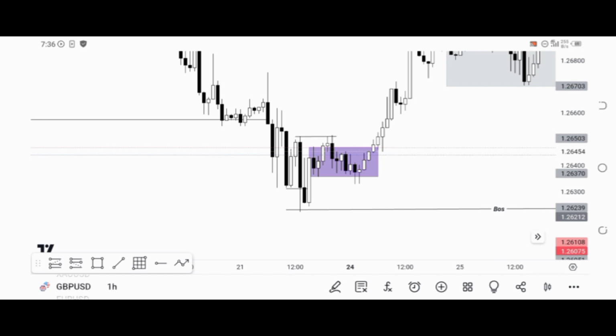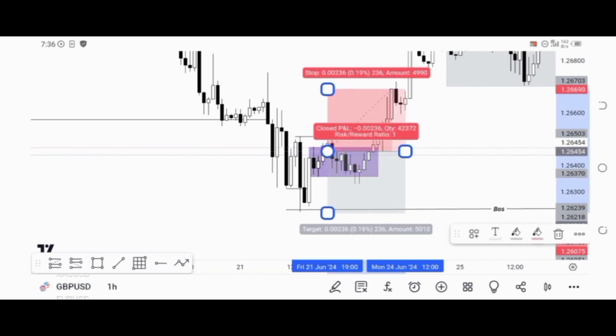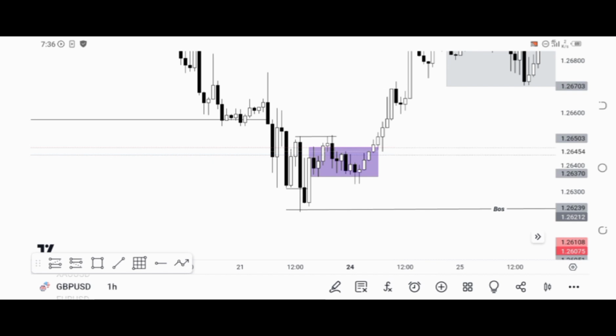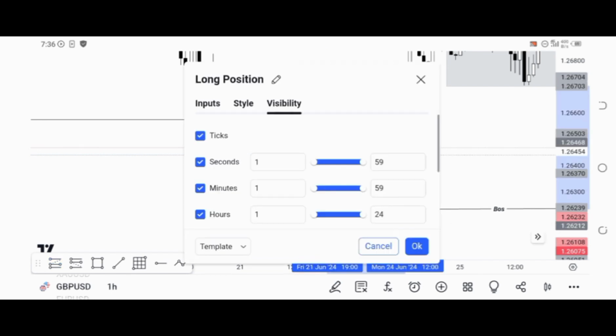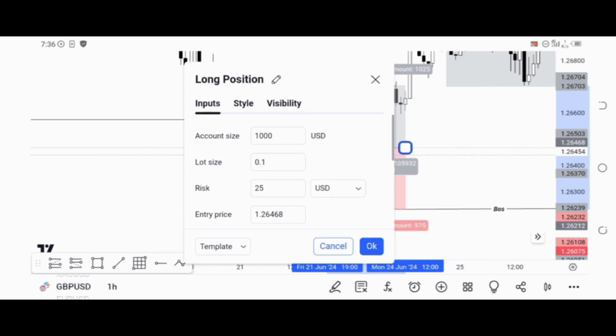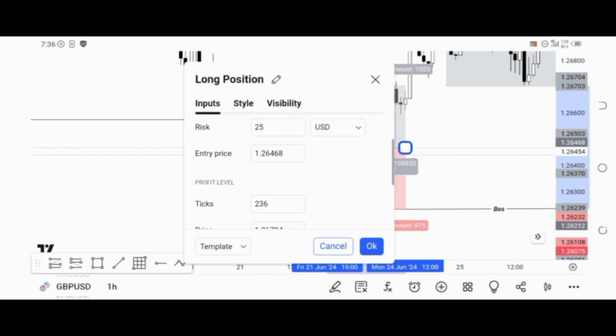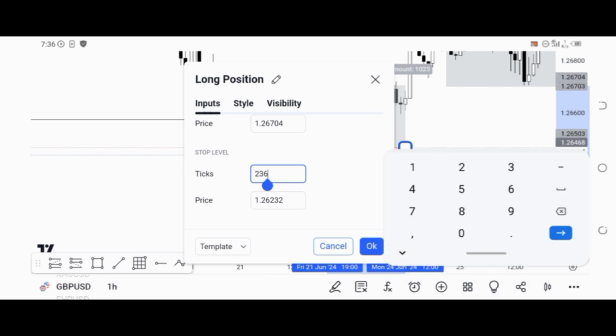So if we are to take trade directly from here for 20 pips, as you can see, if I were to take trade directly 20 pips, to buy to that particular place, you understand? So let's see, 20 pips stop level, yes, 20 pips.